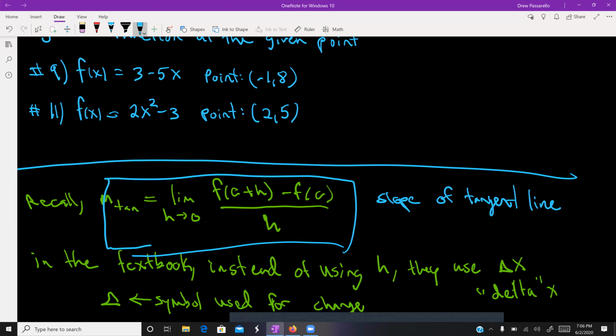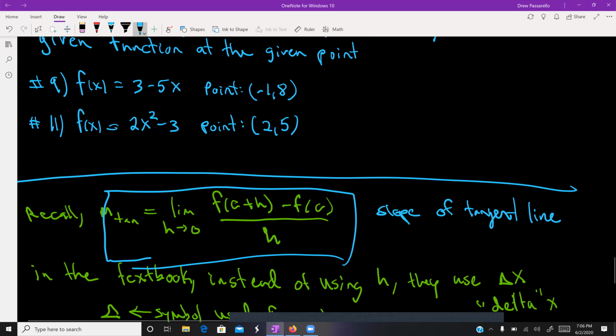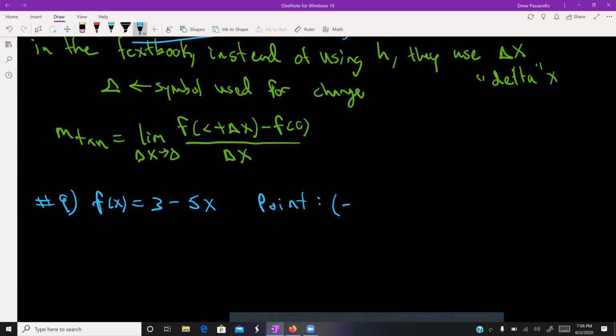So for number 9, the point they give us is -1, 8. In this case, the x-coordinate that I'm fixed at, in which I'm finding the slope of the tangent line, is -1, and that's what c is.